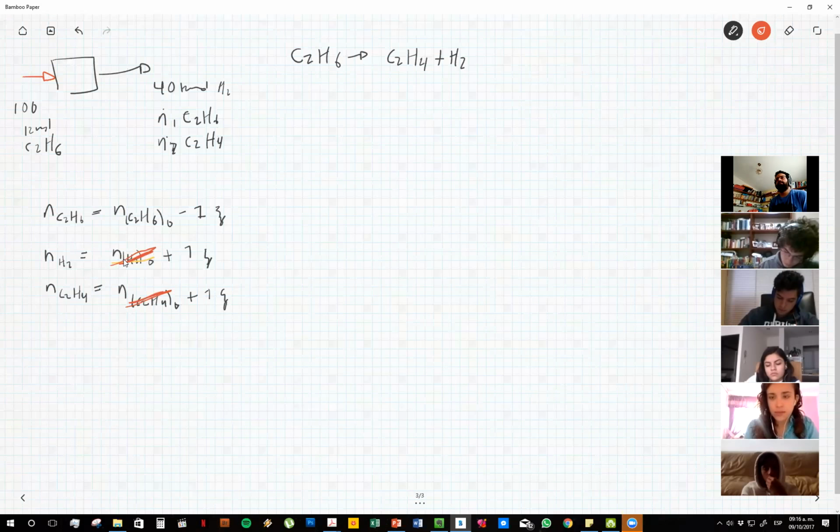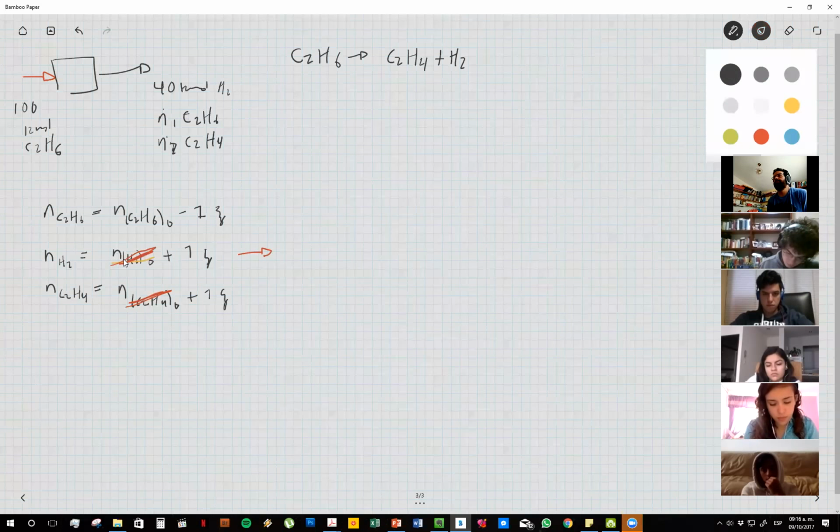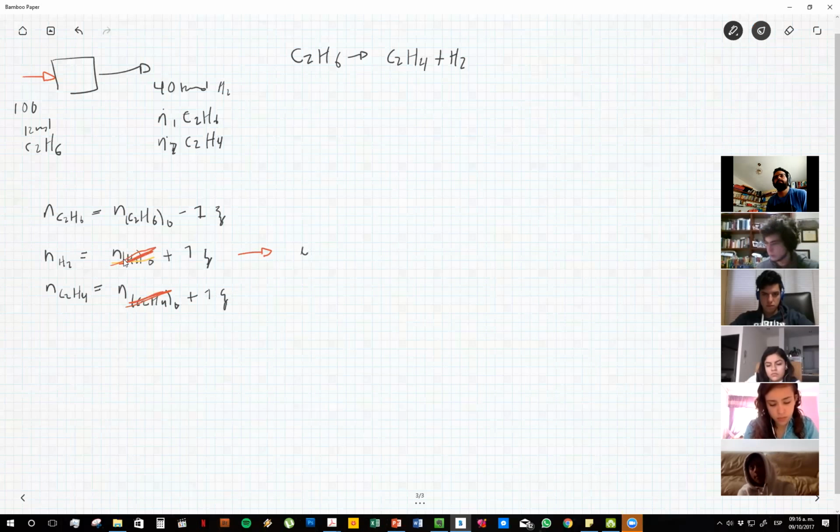In hydrogen, we know that the final number of moles is 40 kilomoles. We have it on the diagram here. That has to be equal to the extent of the reaction. So now we have the extent of the reaction: 40 kilomoles.